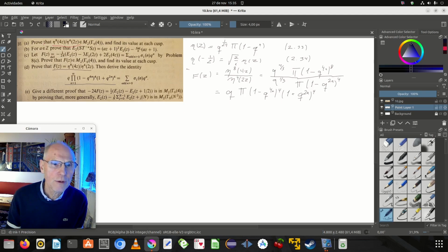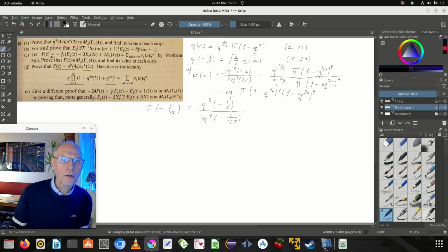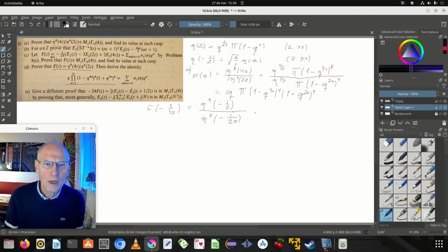Well, this is actually the start of A. F of 1 divided by 4z, that's 2z we end up with. And then we use the transformation formula.